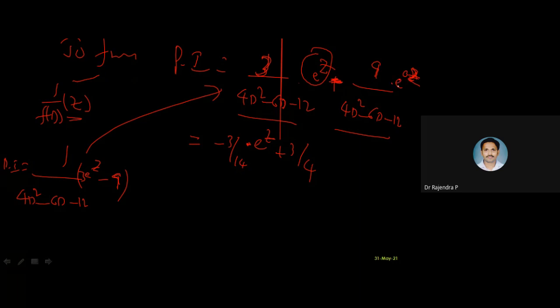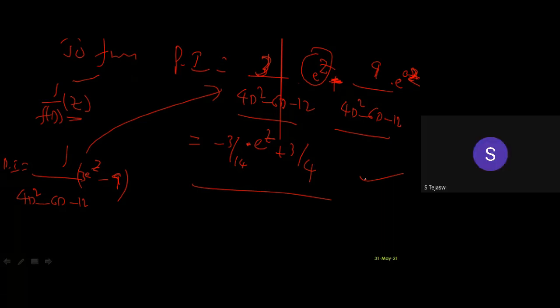You can take that as e power 0z. Is it clear? So that 0 I can substitute in the denominator polynomial wherever D is there. So that will be minus and minus plus 9 by 12, means 3 by 4. I hope it is clear to you, everyone.